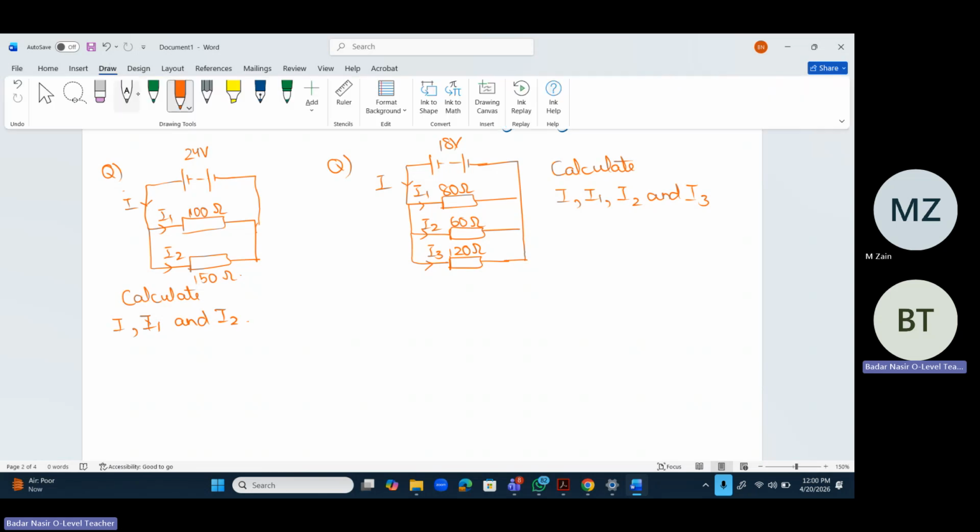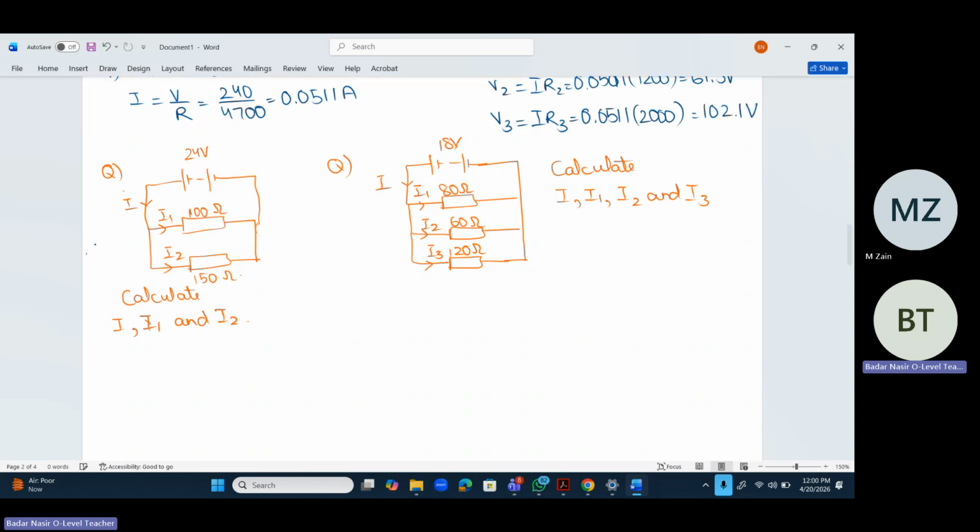For the first question, we can find the combined resistance using the formula R1 into R2 over R1 plus R2. This is your R1, this is your R2. 100 times 150 whole divided by 100 plus 150. You just put the values in this expression. 100 times 150 divided by 250 gives us 60 ohms.